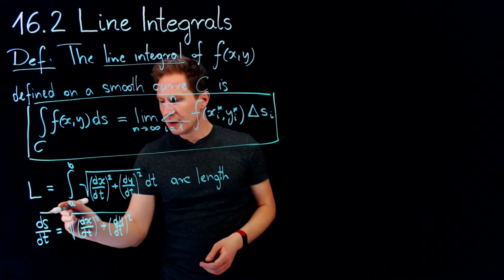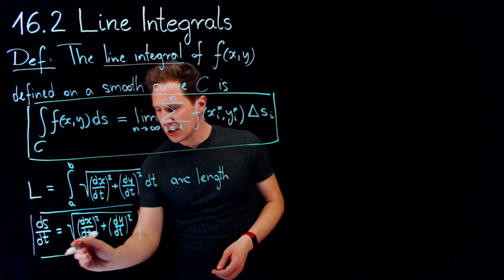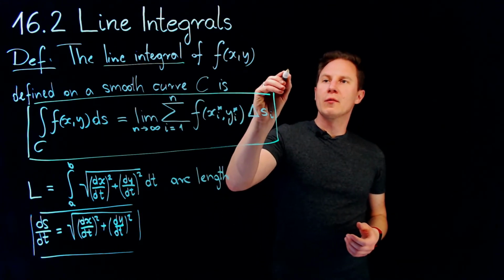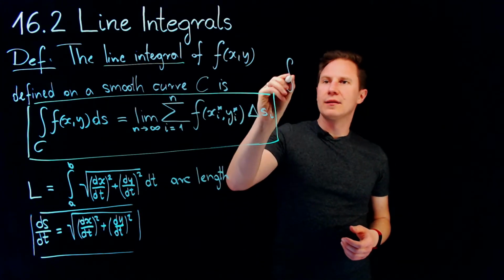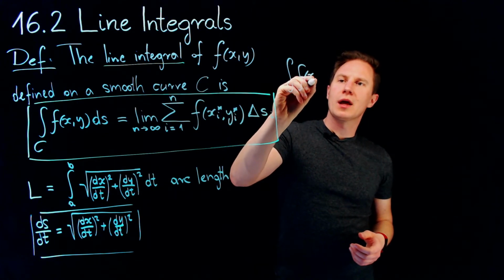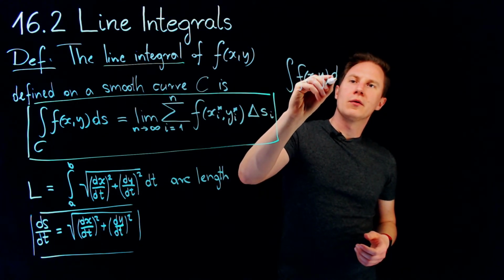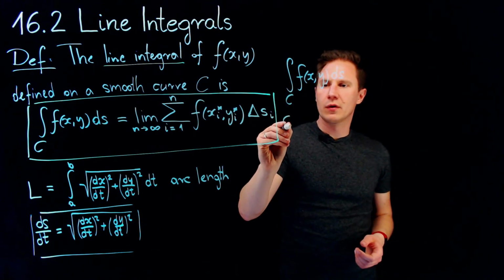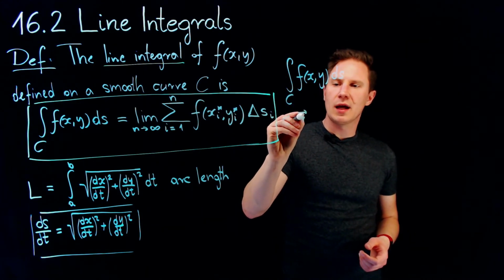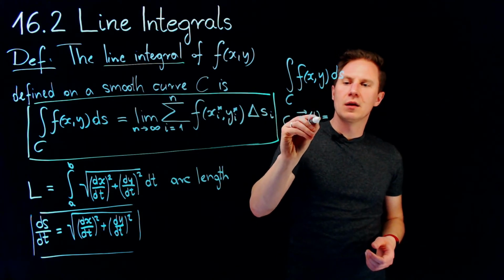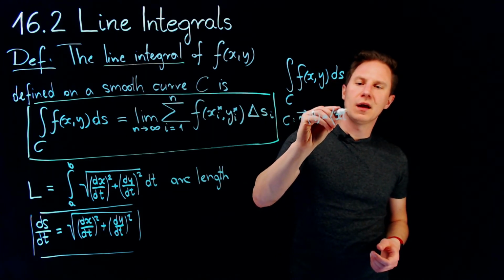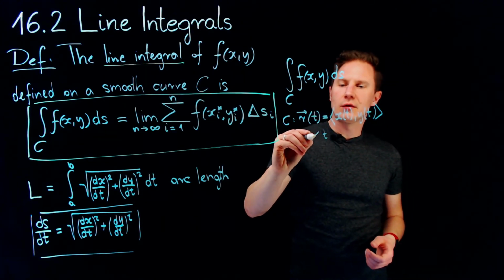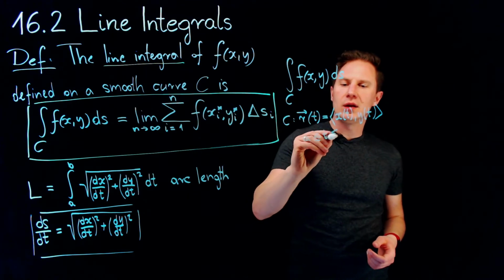So due to this formula, we can reformulate this line integral in the following way. We can evaluate the line integral of a function f of x, y along a curve C if that curve is parameterized by a vector function r(t) with components x(t) and y(t), with t changing between a and b.